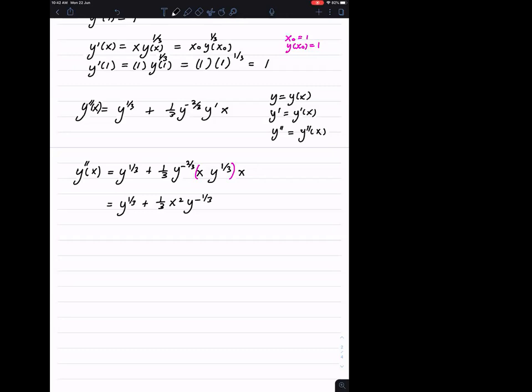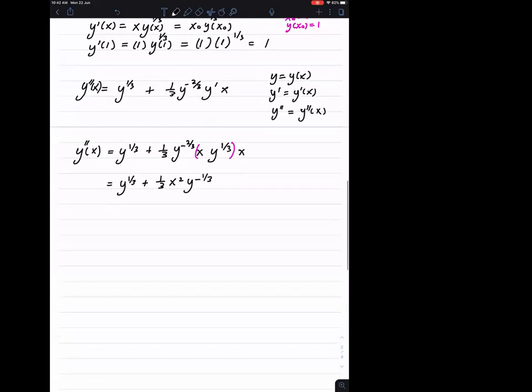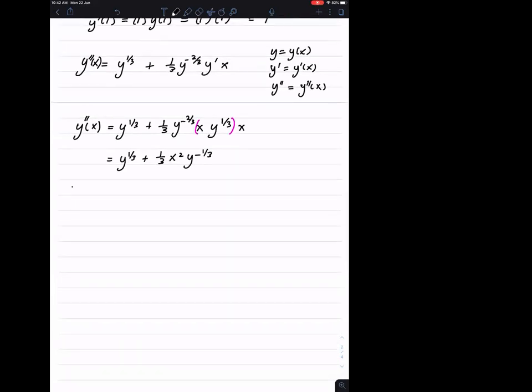When you later plug in numbers, it'll be easier to evaluate. Now you plug in those numbers.